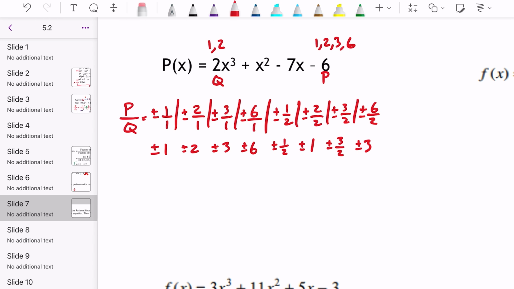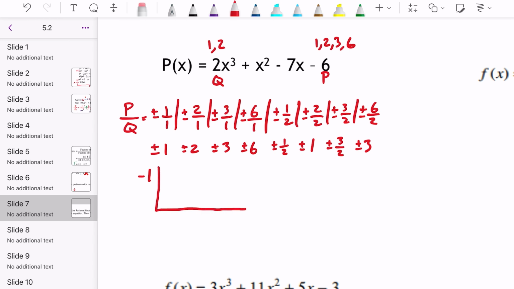Now, from here, we go on and choose a positive negative 1 to begin working with. Let's start off with negative 1. With negative 1, we'll start a synthetic problem.